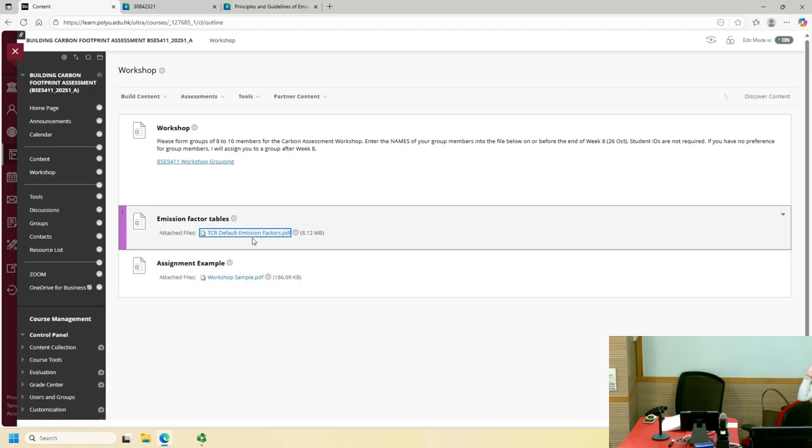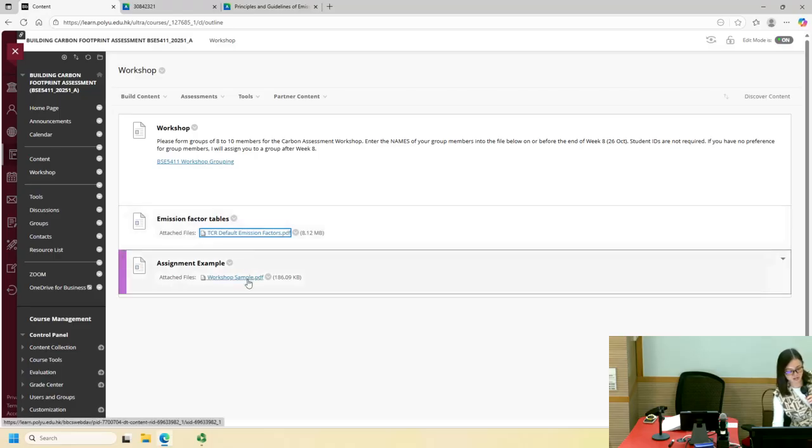Then in the workshop, you will do an assignment like the sample I gave you here, and you have to do it in a group. You have to finish the assignment during the lecture time, so within those 3 hours, you have to finish the whole set of calculations.